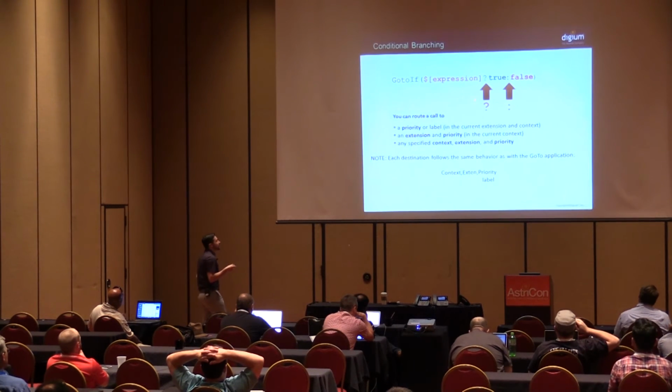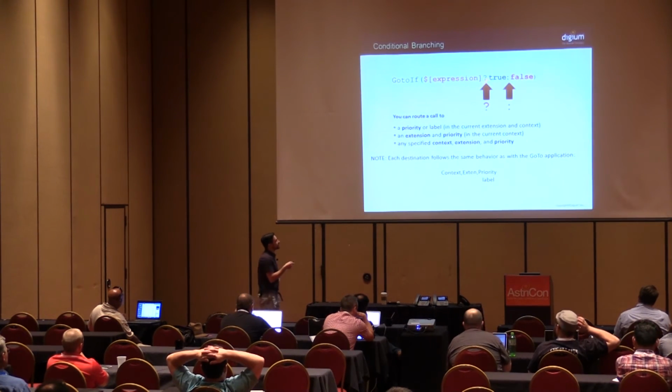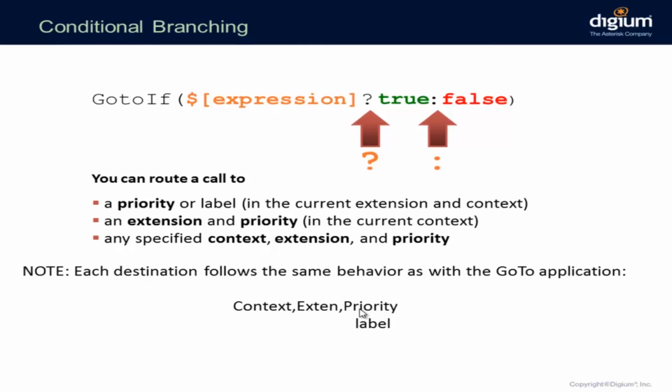Then we use the question mark to specify the destination when true. So when that is true, it's going to this destination. That destination follows the same syntax as the Goto application. So again, it could be context, extension, priority, or label. It could be extension, priority, or label, or just label or priority, right? Depending on how many of these you specify.